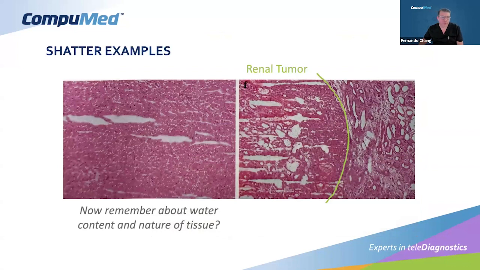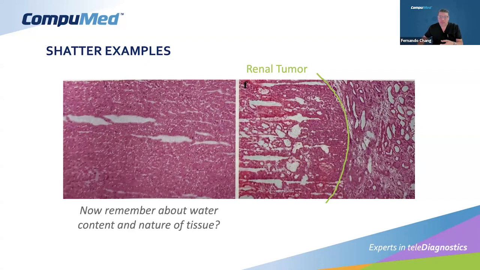Another thing we have to remember is the consistency of tissue. Within the same tissue, in this case a renal tumor, actually a kidney that happened to have a renal cancer mass, we're cutting at the same temperature.